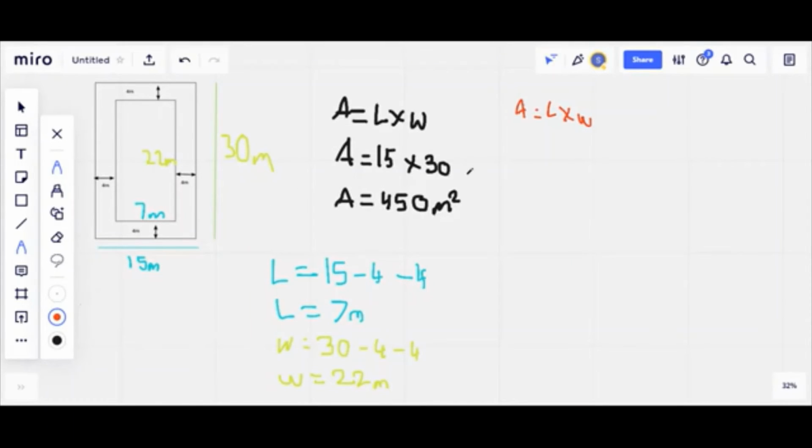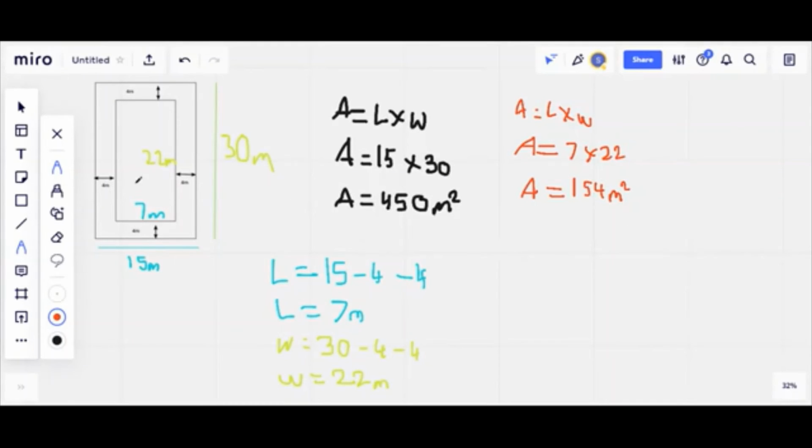And then we substitute our values in. So area equals 7 multiplied by 22, which then we can simplify that. 7 by 22 is 154 meters squared.